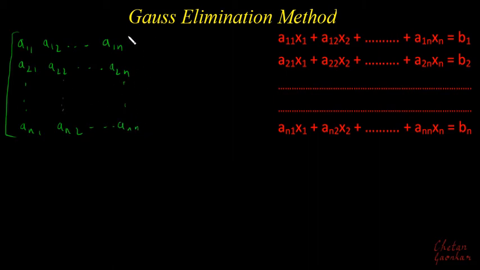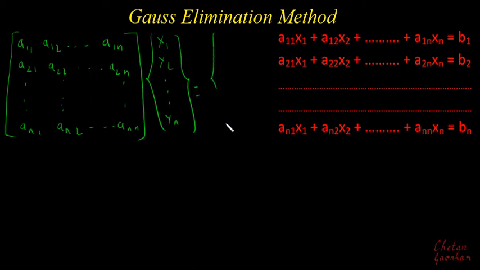These are the parameters which we have, along with the unknown vector, that is x1, x2 up to xn, which we need to determine, and this will be equal to some forcing function, that is b1, b2 up to bn.